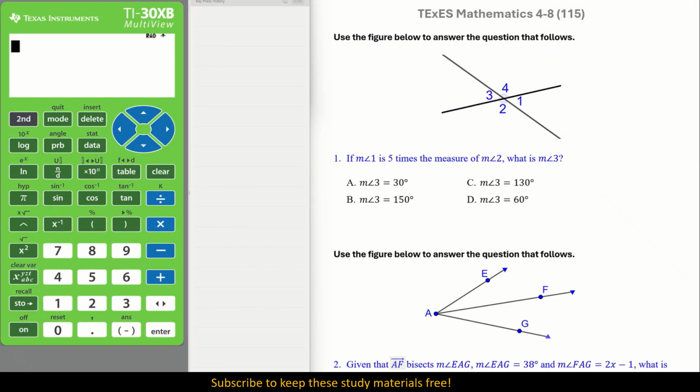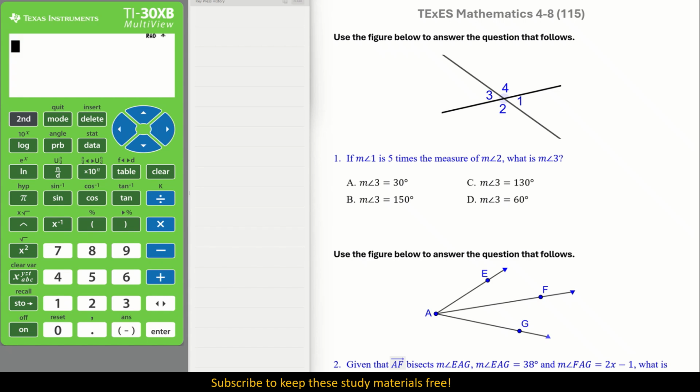Use the figure below to answer the question that follows. We have an intersection with angles 2, 3, and 4. Number 1 says, if the measure of angle 1 is 5 times the measure of angle 2, what is the measure of angle 3?